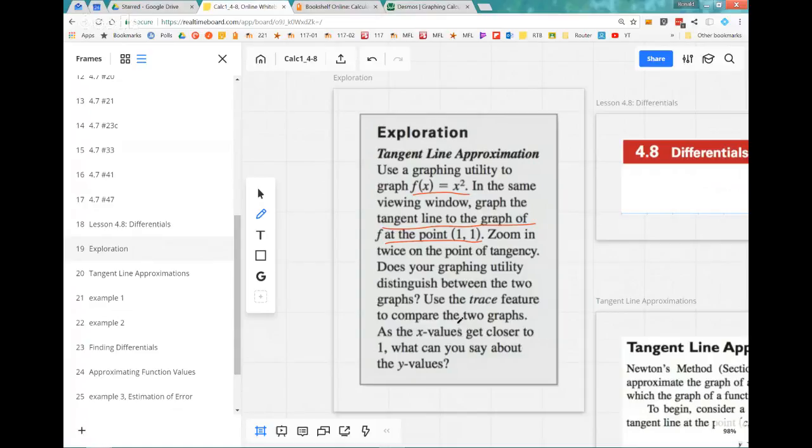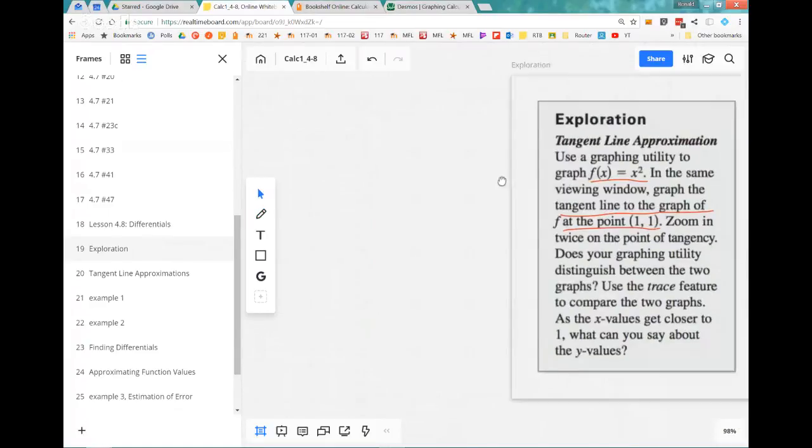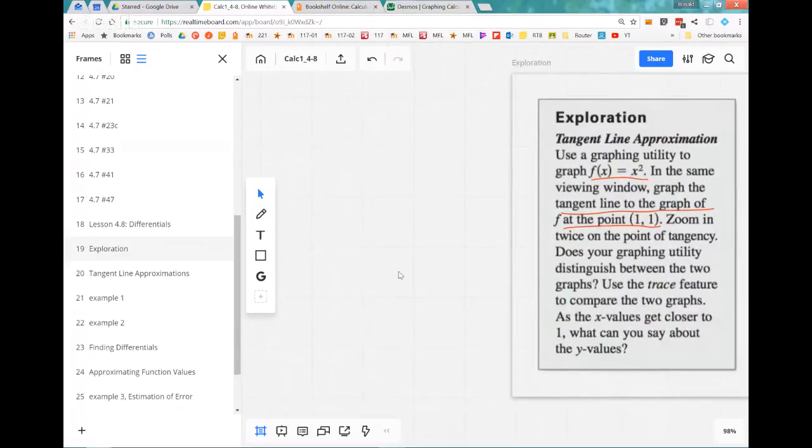Okay, so we need to do a little bit of algebra here, very basic calculus. Let's just do it real quickly. The function is x squared. What's the derivative? Very easy derivative.